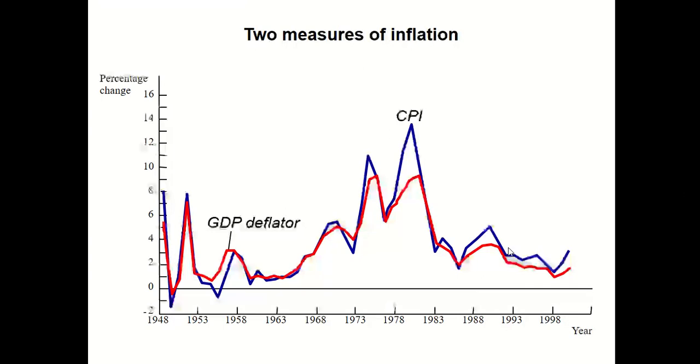In most of the cases, both parameters move in the same direction. If one increases, the other also increases and vice versa. This is how we can see how both the measures change over time. So this red is for GDP deflator and the blue curve is representing CPI.